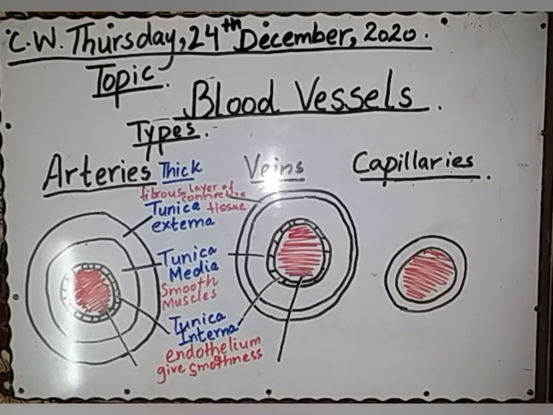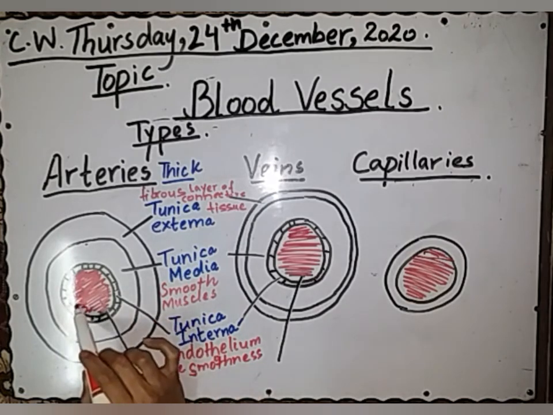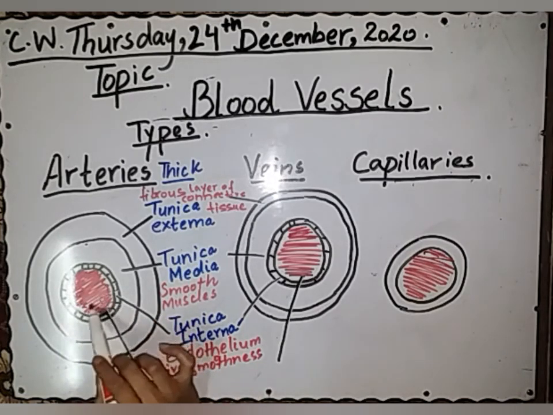Tunica interna is made up of endothelial tissue and its wall gives smoothness to the artery to prevent any clotting.